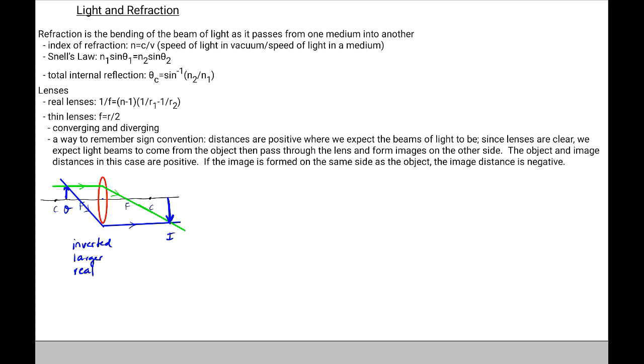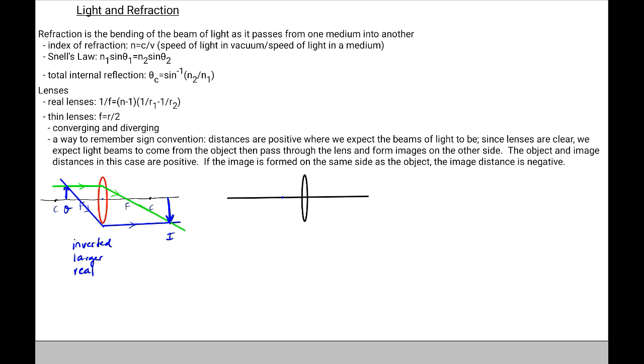Let's say that we have another converging lens. So that's the principal axis. Let me draw the lens. Okay, so let's find us some focal points. So let's say that the focus is here.